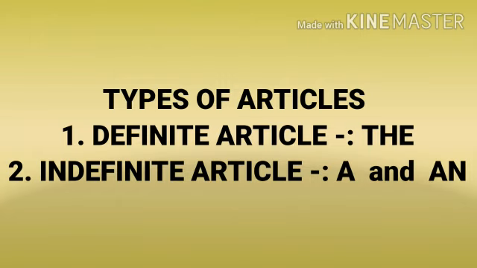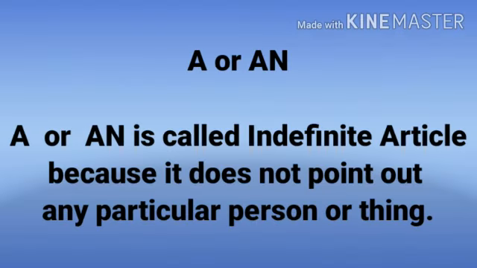The words a, an, and the are called articles. These are actually demonstrative adjectives and are used before nouns to determine or fix their meaning. Article a or an is called an indefinite article because it does not point out any particular person or thing.